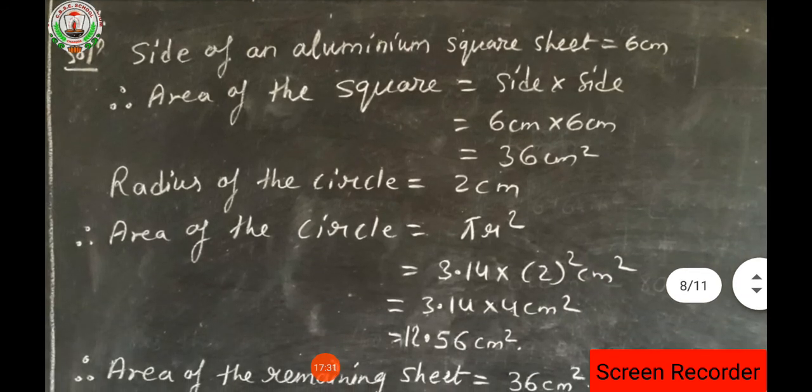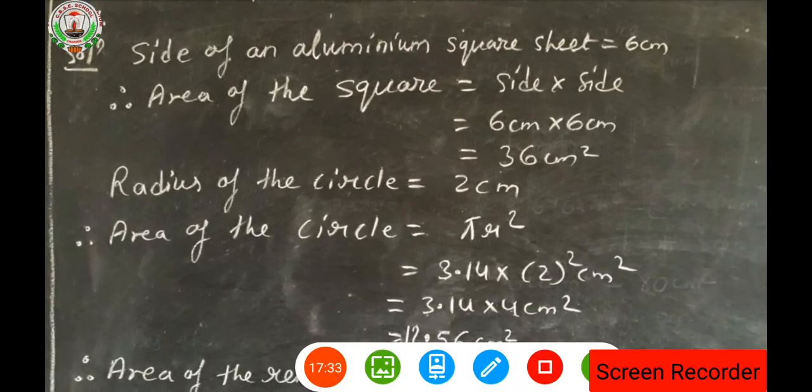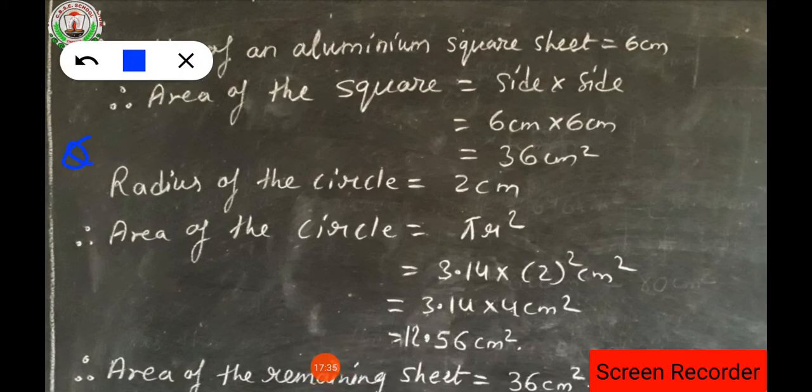Clear everyone? Now looking at the next question, number 11. This is question number 11 of exercise 11.3 of class 7th. Here it is said that an aluminium sheet is in the form of a square, and the side of the aluminium sheet is 6 centimeter.